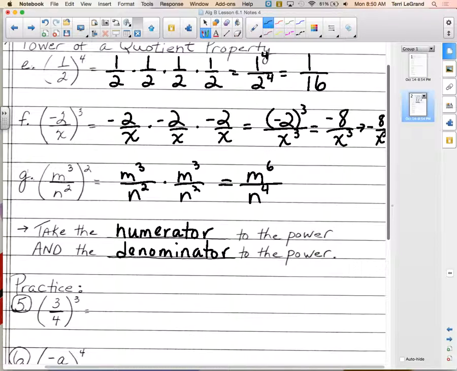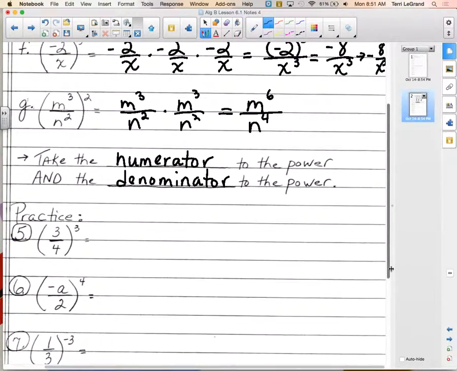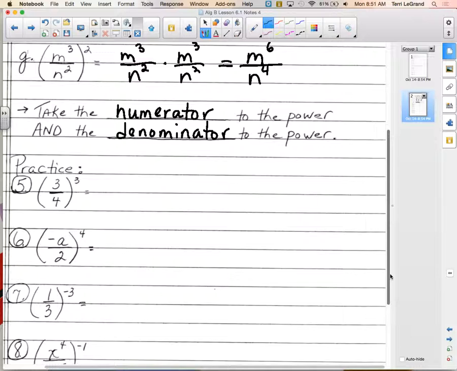Both the numerator had to be taken to the power, and the denominator had to be taken to the power. So we will just shortcut it so we don't have to write out all of this multiplication. So here we were just exploring what does the property do, what shortcut can we take so that we don't have to show quite as much work.